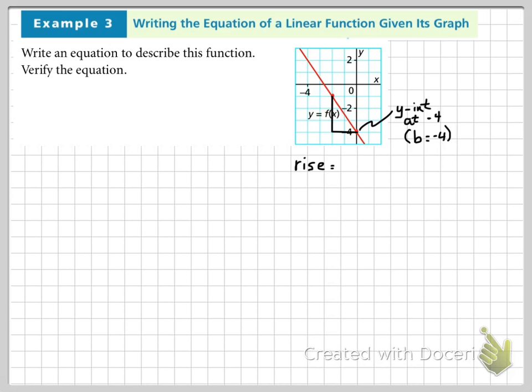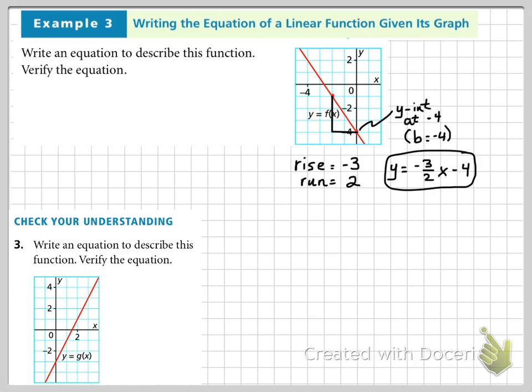Now I find another point that looks like it crosses right on my grid line, and I'll notice that the rise is down 3 and the run is +2. So that tells me my equation must be y equals -3 over 2 x minus 4. You can do number 3 on your own.